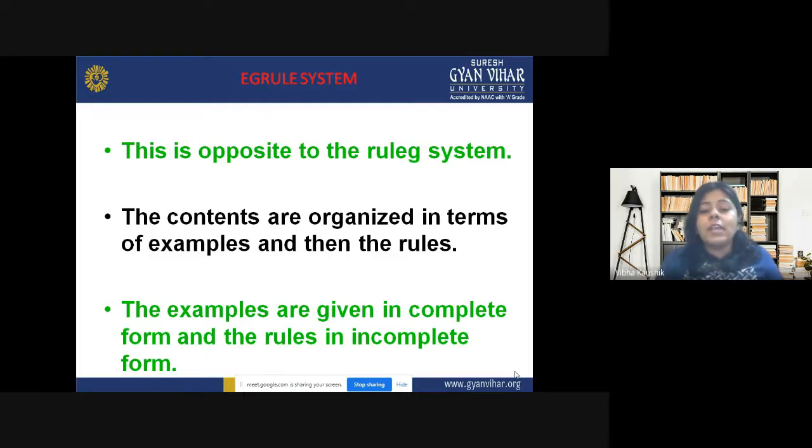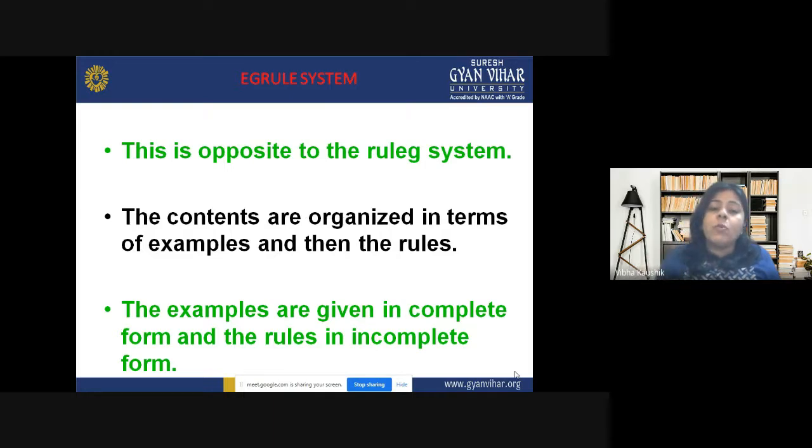The examples are given in complete form, and the examples that have been given by the programmer are in complete form, and the rules in incomplete form, and the rules that have been presented by the programmer are in incomplete form.